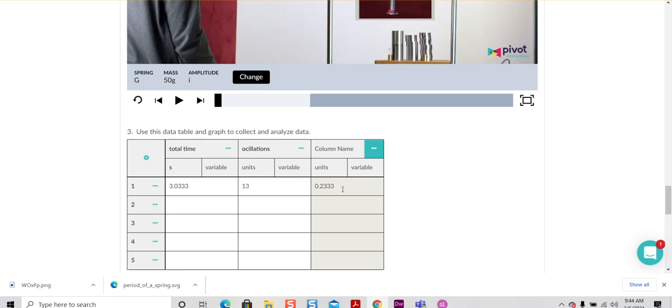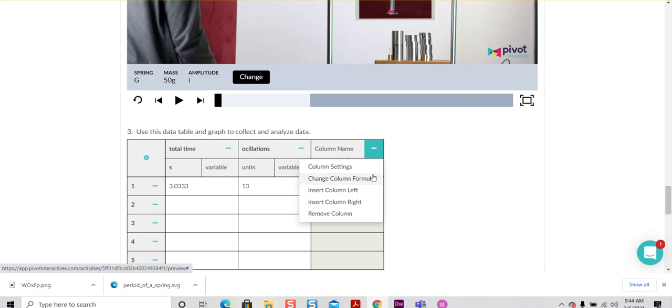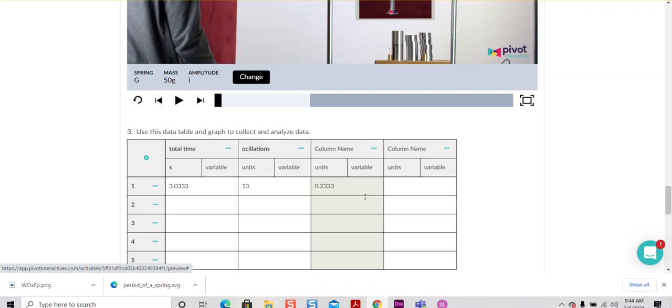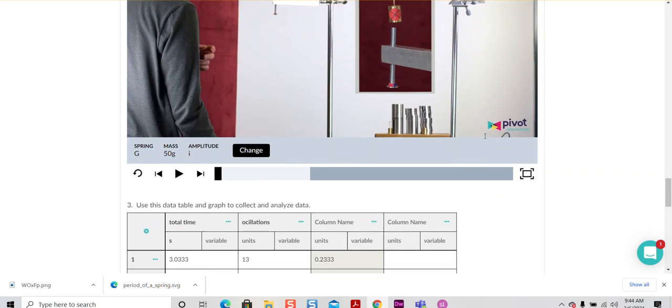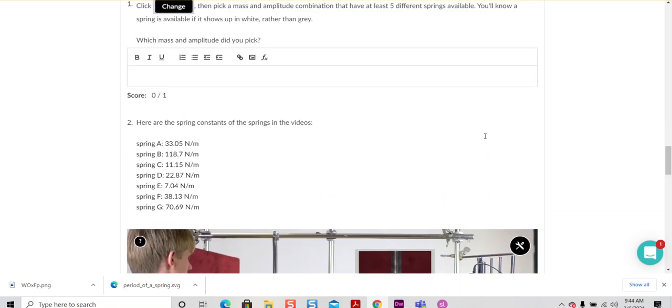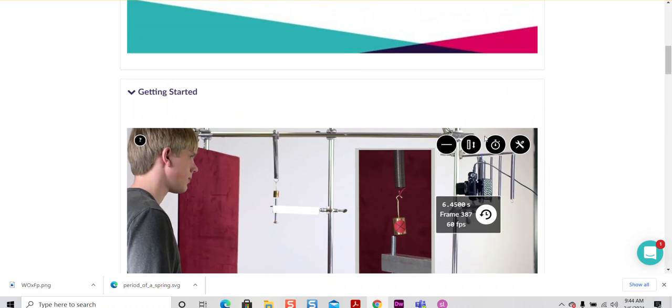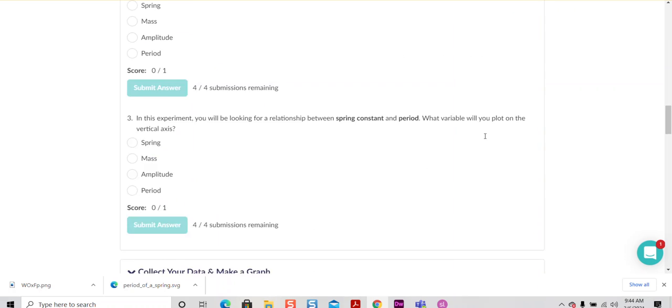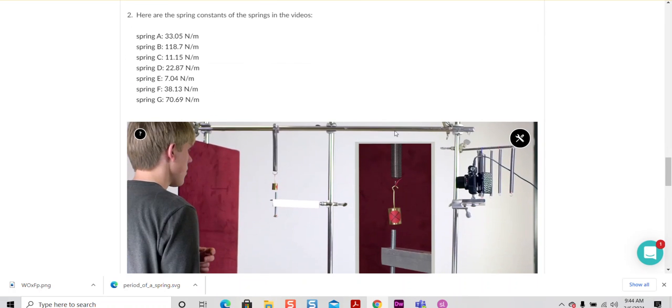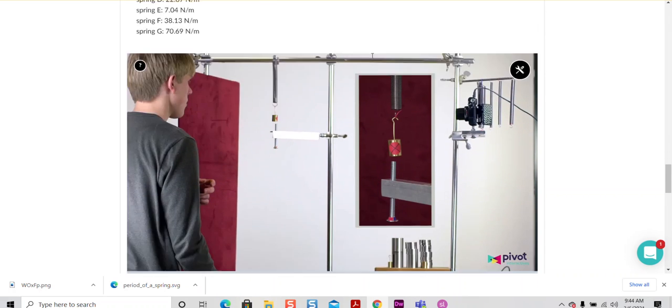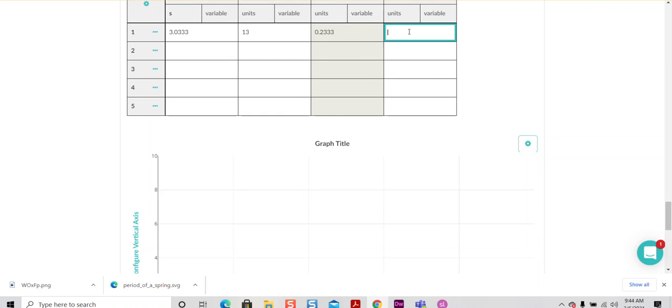Okay, then I'm going to put in another column to the right, and that's going to be the spring constant. So this was spring D, and later on it's going to tell me that spring D had a spring constant of 22.87, and the units are going to be newtons per meter.